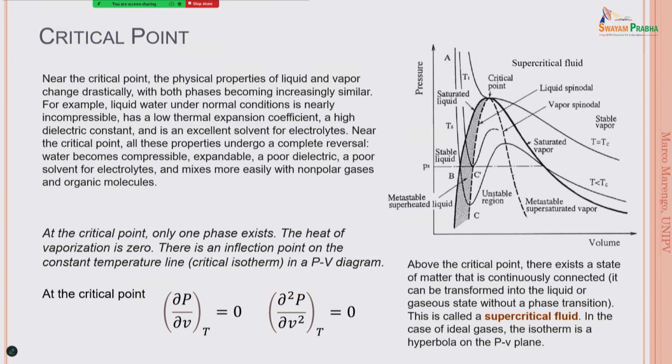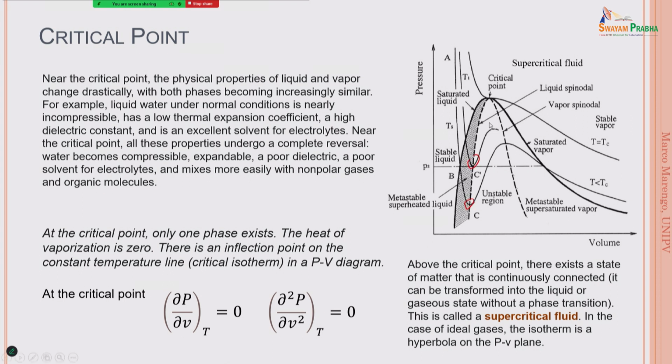More interesting is what is happening at the critical point. As we saw before, if you are considering an isothermal process and the van der Waals curve, we have a minimum.